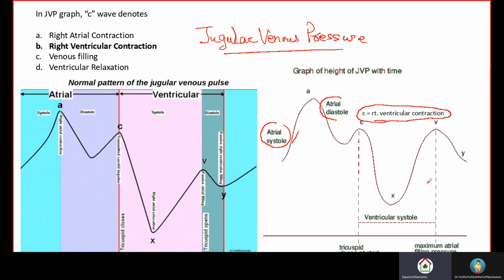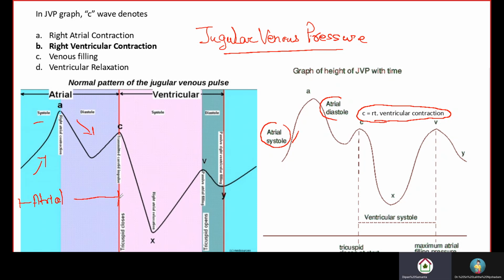Then V, maximum atrial filling pressure occurs before ventricular diastole. So with systole it increases, with diastole it decreases. This is about the atrium.